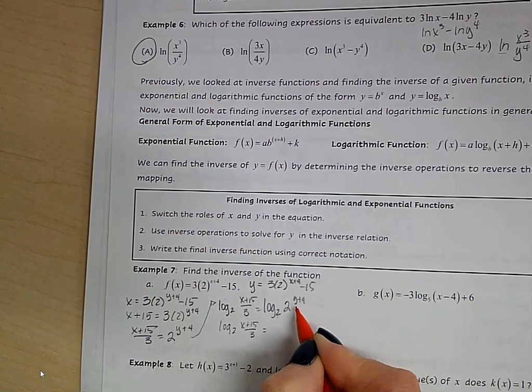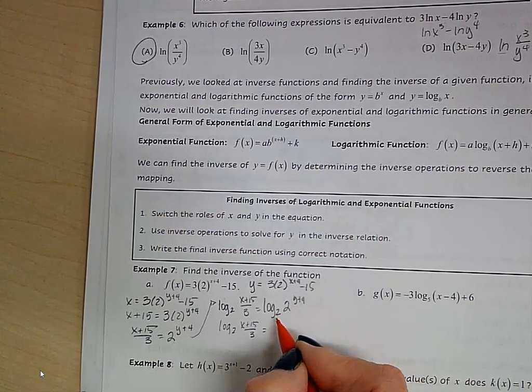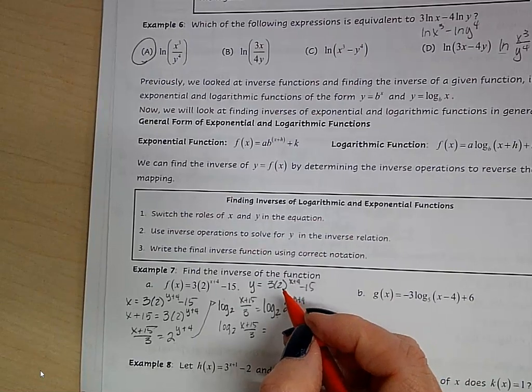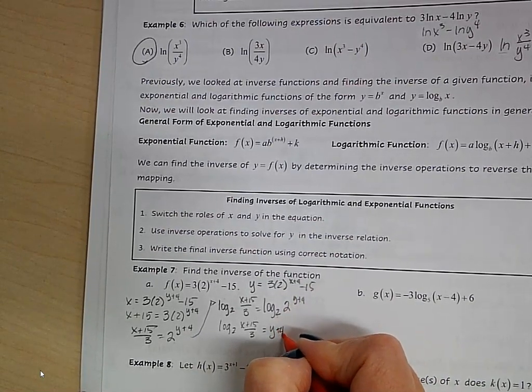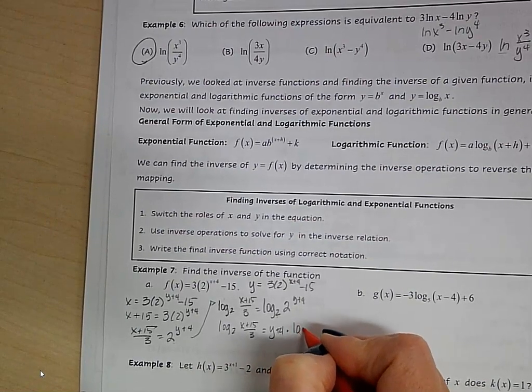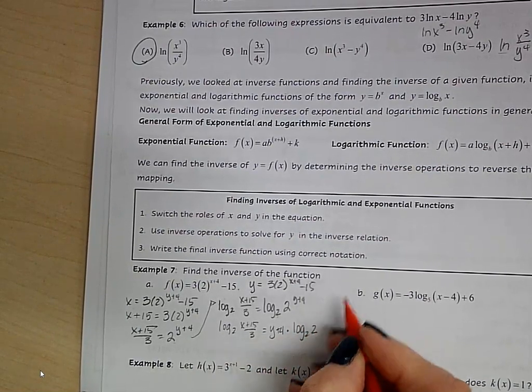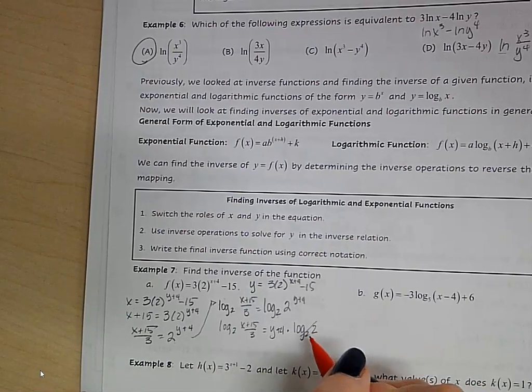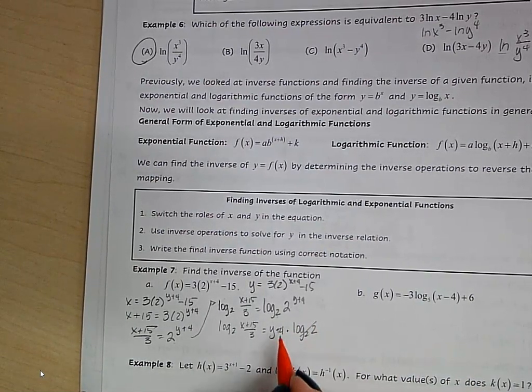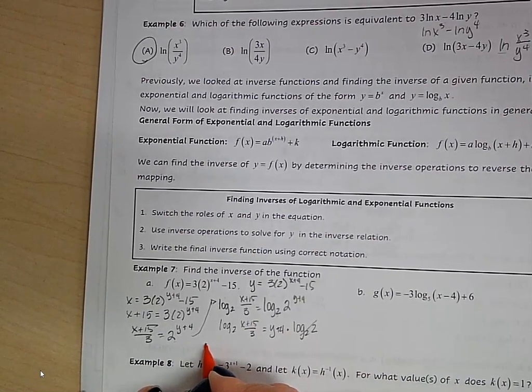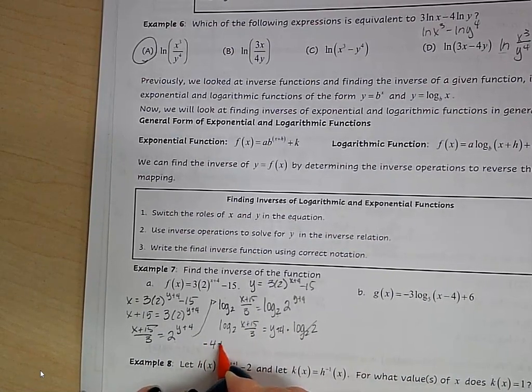But what I really want you to remember is when I do that piece right there, okay, I can bring my y plus 4 over, times log base 2 of 2, which is 1. And then to get y by itself, I'm going to subtract. I'm actually going to put the negative 4 in front, just so it doesn't get mixed up in the log.